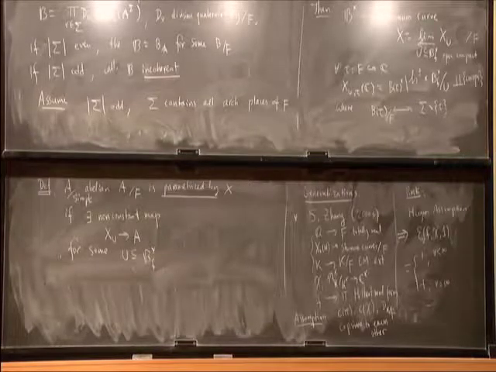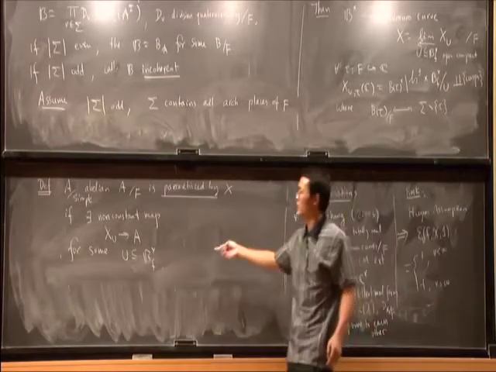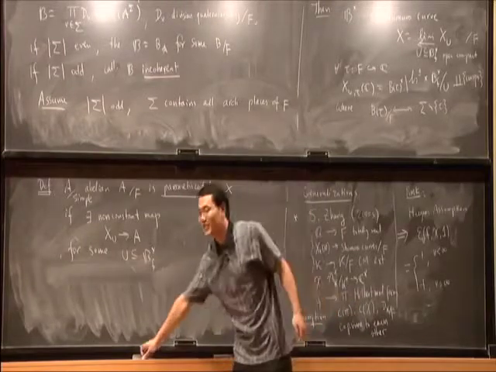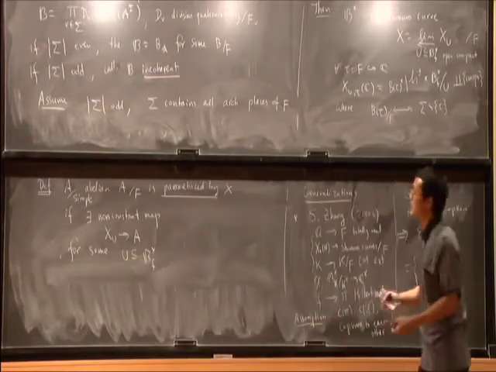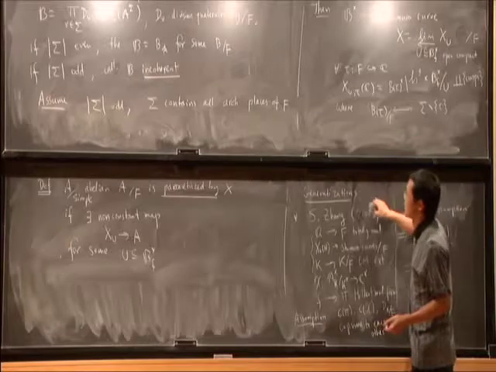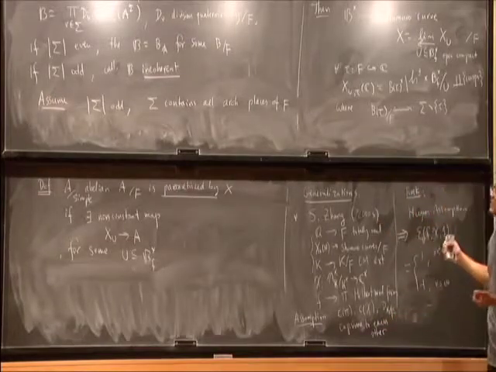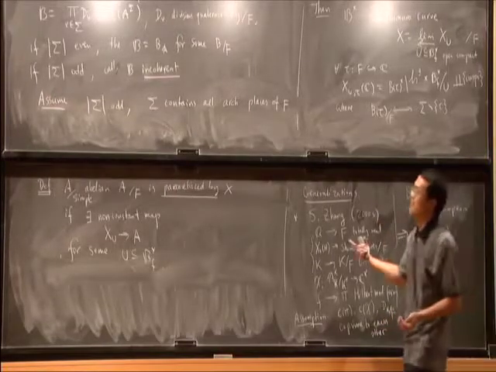If A is parameterized by X, then A will be automorphic. But we require a little bit more. It's automorphic and we require some Jacquet-Langlands lifting to B to exist.